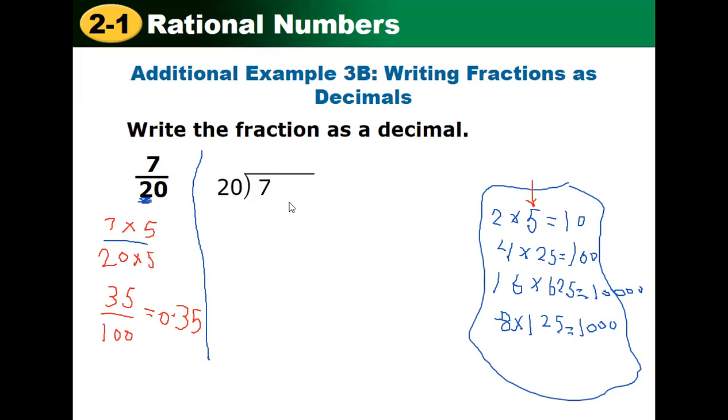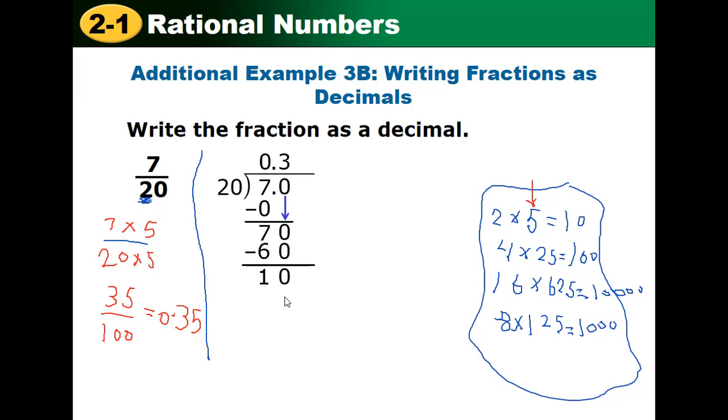The second method, we can use long division. 7 divided by 20 does not work, so we have to put 0 point, and then we put a dot here and at the top. So we have 70 divided by 20, or we can say 7 divided by 2 equals 3. 3 times 2 equals 60.